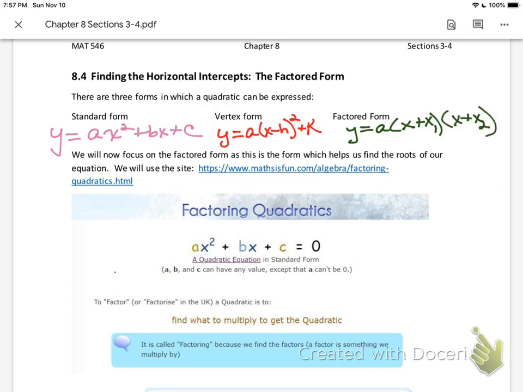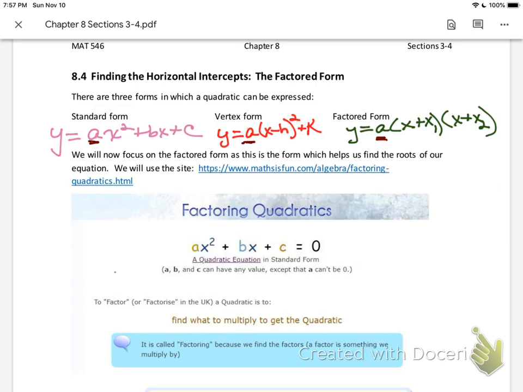All right, so all of these forms have one thing in common. They all have this a. This a is the same no matter which form we look at. The a indicates whether we have a vertical stretch or a compression, and if there's a negative in front of the a, it tells us that it is flipped over the x-axis, so it is facing down or concave.